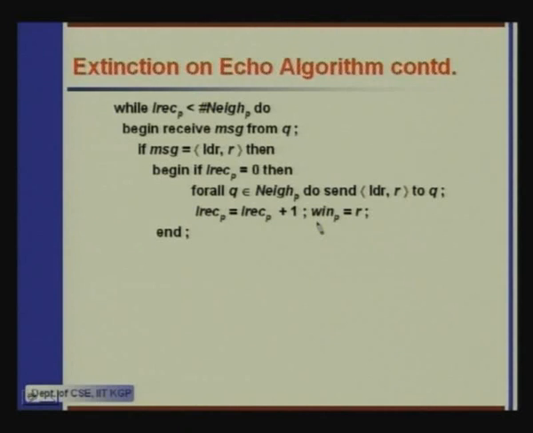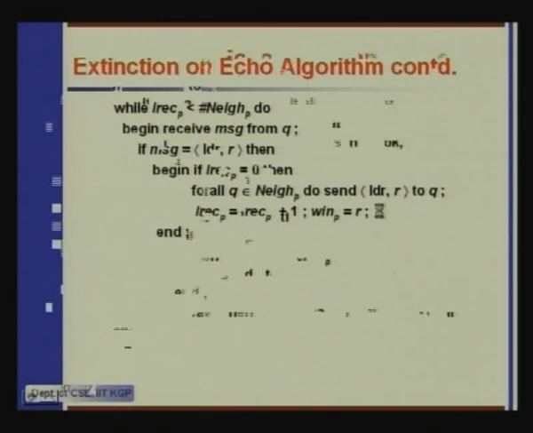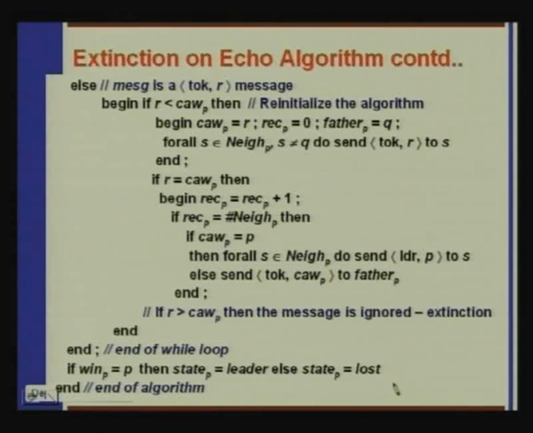This is where you set win P, and except for the initiator of the leader messages, everyone else will be lost. Is that clear?